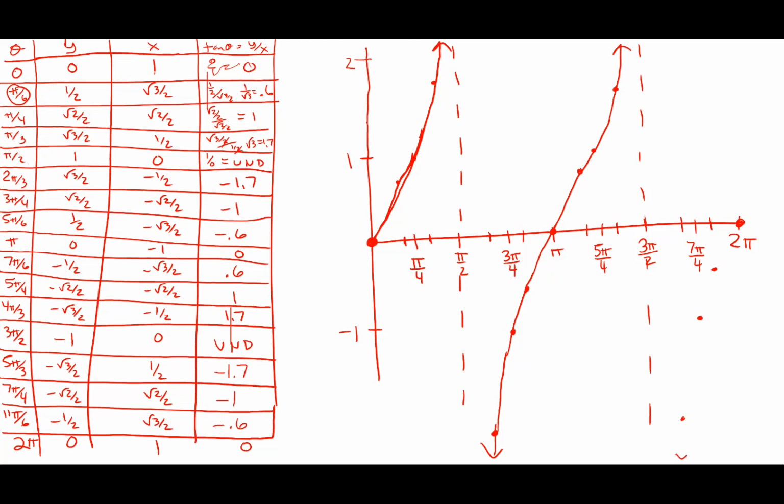There it is. So here it is coming through. Alright, there is our basic tangent function. We've got 3 more to go. So now let's look at the reciprocal functions of each one of these.